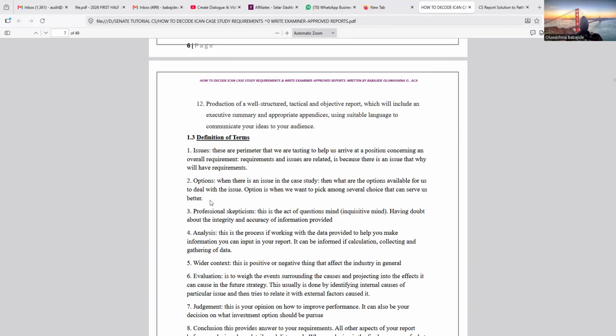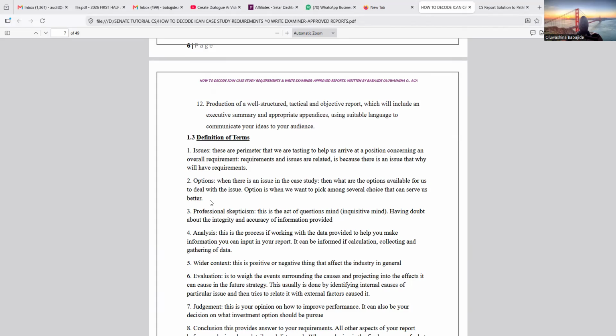Then the second one is options. When there is an issue in the case study, what are the options available for us to deal with the issue? An option is when we pick from amongst several choices the one that can serve us better. When there's an issue, you can have a lot of options to solve it.